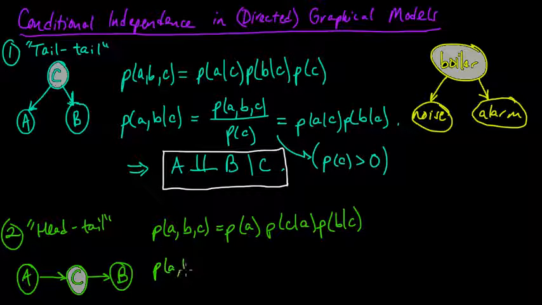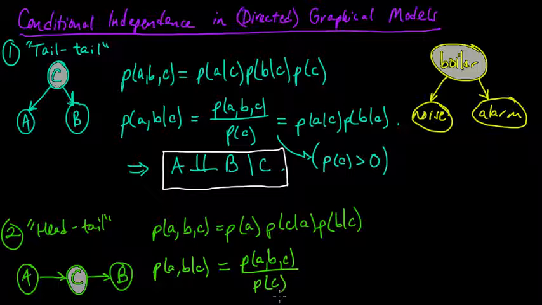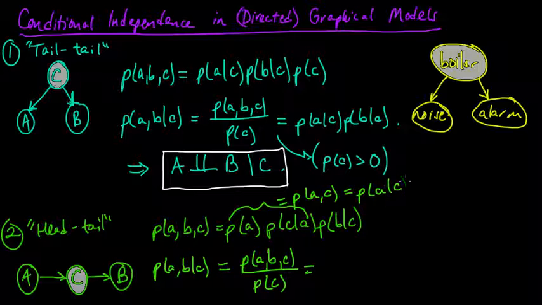The probability of A and B given C, the conditional distribution, is the probability of A, B, and C divided by the probability of C, once again, just like before. Now, if we plug this in directly, the probability of C isn't canceling, but what we could do is pull together the probability of A and C, and say this is the probability of A given C times the probability of C. Then if we plugged it in, the probability of C would cancel.